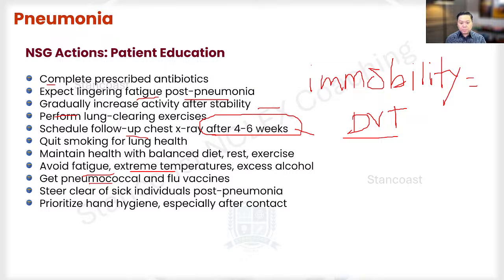Make sure that they complete whatever has been ordered, and also make sure that they recognize those symptoms of worsening manifestations, which is very important in order that they can get the necessary help as early as possible. And so that is the end of our discussion today.